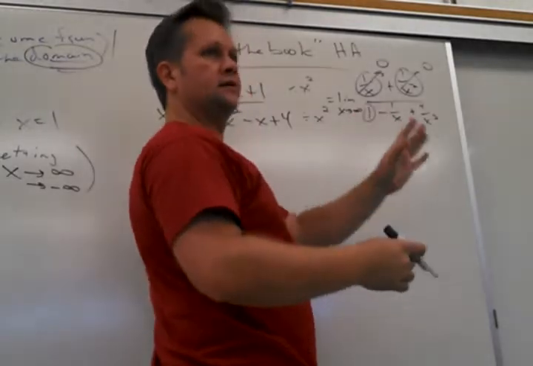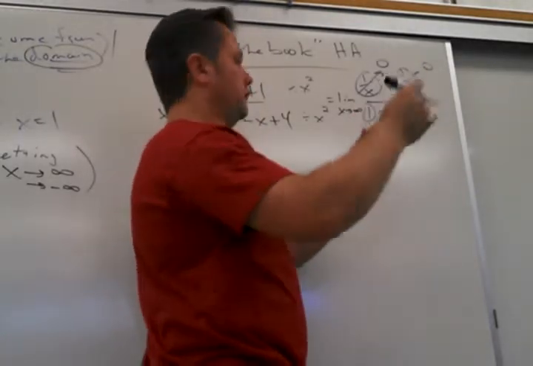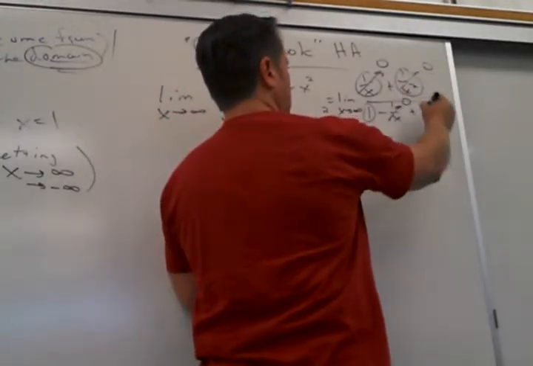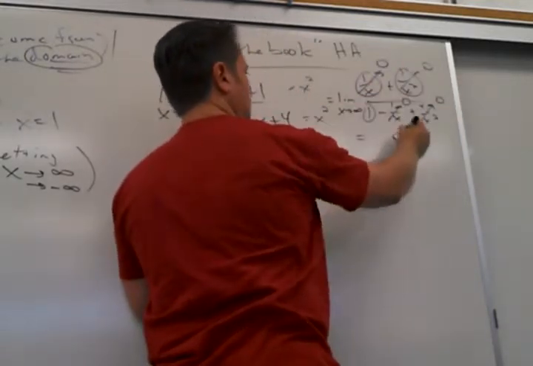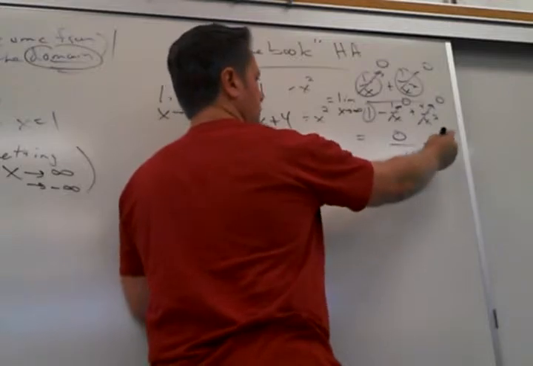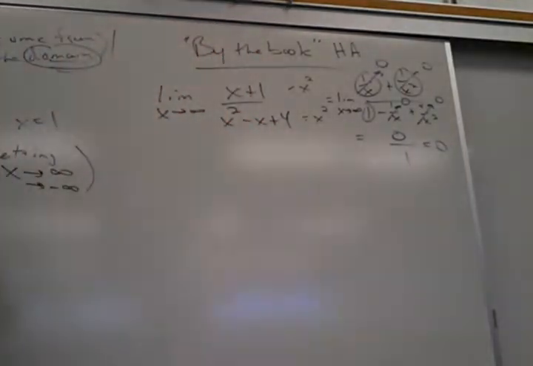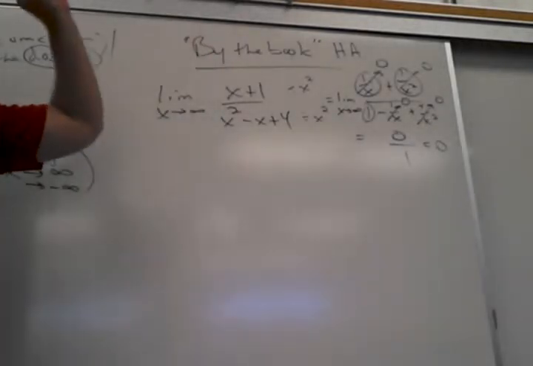It doesn't care what x does because there's no x there, right? So 1 is 1 forever. This goes to 0. This goes to 0. So I get 0 over 1, which is 0. So that is the complete technical analysis of this expression, letting x get really, really big.